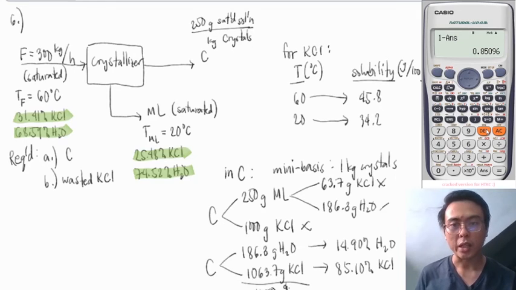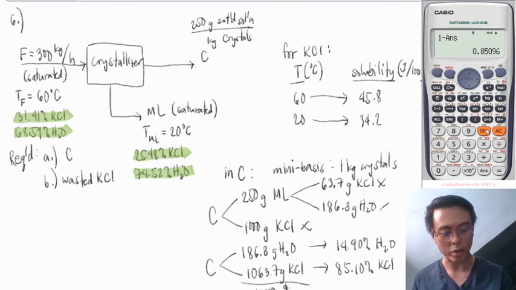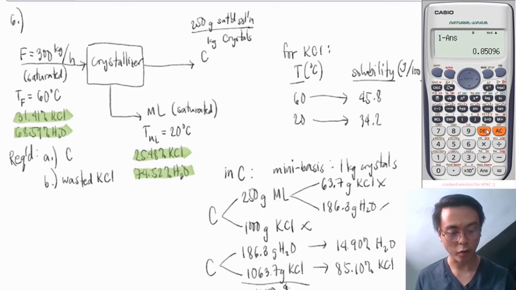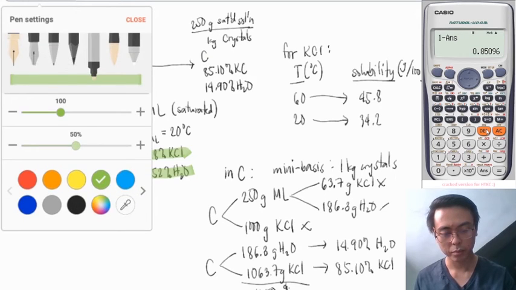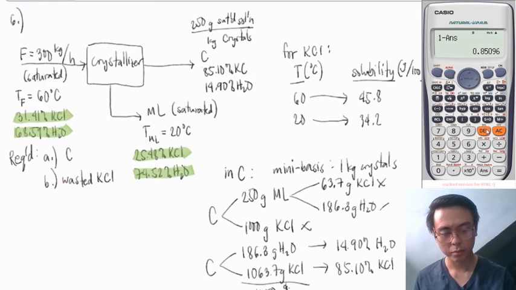So with that technique, we are able to convert everything in here into mass percentages, which will be useful for material balance calculations. This is 85.10% KCl and 14.9% H2O. Sorry, that is KCl.